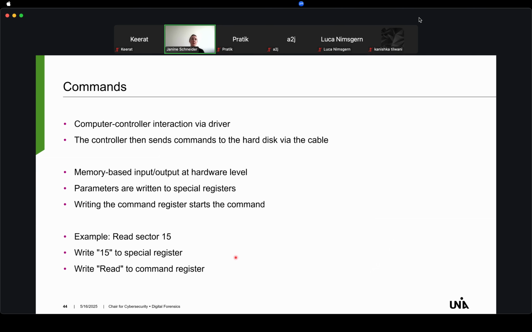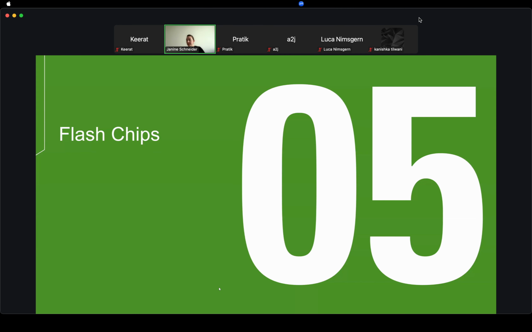You just have to know that drivers handle the communication with the storage device, and they communicate over, for example, ATA commands over the storage interfaces. Okay. Questions regarding interfaces?